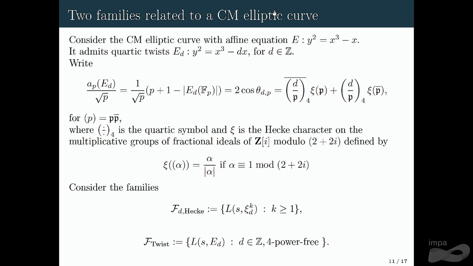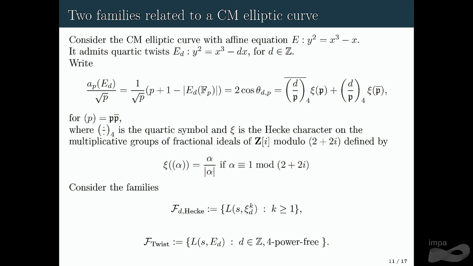If you don't know Hecke characters, you can imagine it's a version of a Dirichlet character that is defined on Z[i] instead of Z. The difference with a Dirichlet character is that it does not have to have finite order.